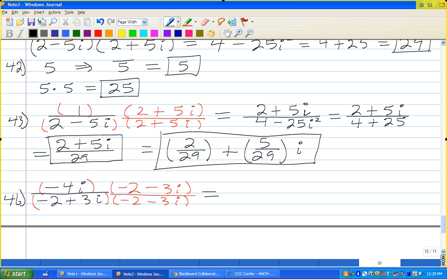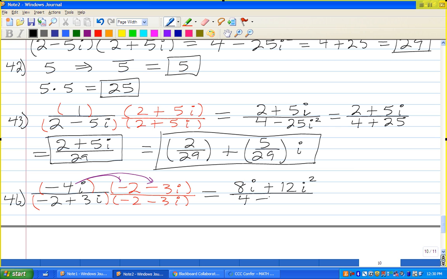And so let's multiply. If I do that, I get the following. Negative times negative is a positive, 4 times 2 is 8i. Negative times negative is a positive, 4 times 3 is 12, i times i is i squared. Negative 2 times negative 2 is a positive 4.